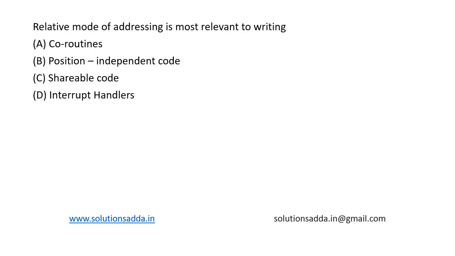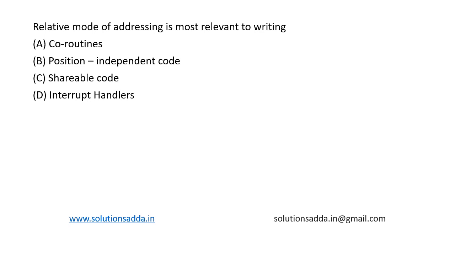This is a question from operating system. Relative mode of addressing is most relevant to writing coroutines, position independent code, shareable code, interrupt handlers. In relative addressing mode, the effective address is obtained by adding the next instruction address with the address field.